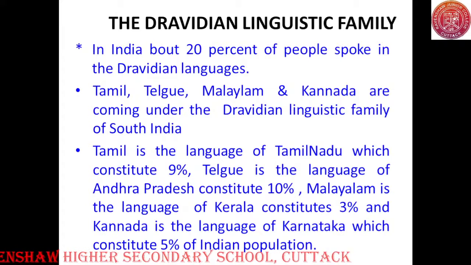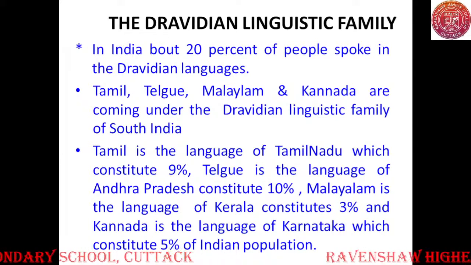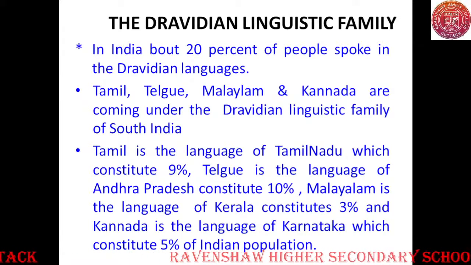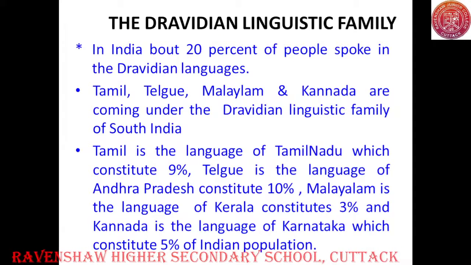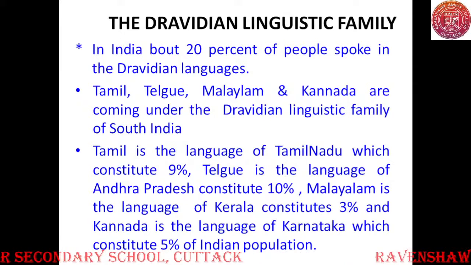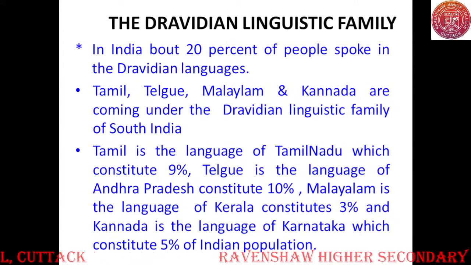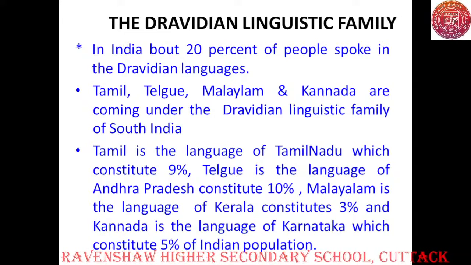You know that Tamil is the language of Tamil Nadu. No doubt the people of Tamil Nadu speak in the Tamil language. Similarly, Telugu is the language of Andhra Pradesh, where the people speak in Telugu.